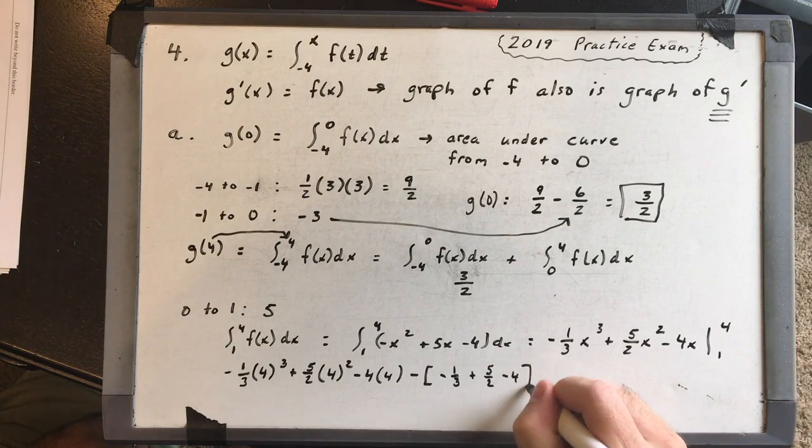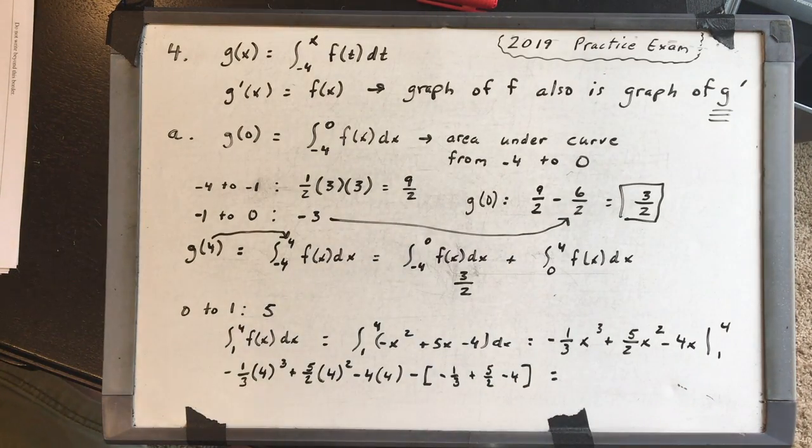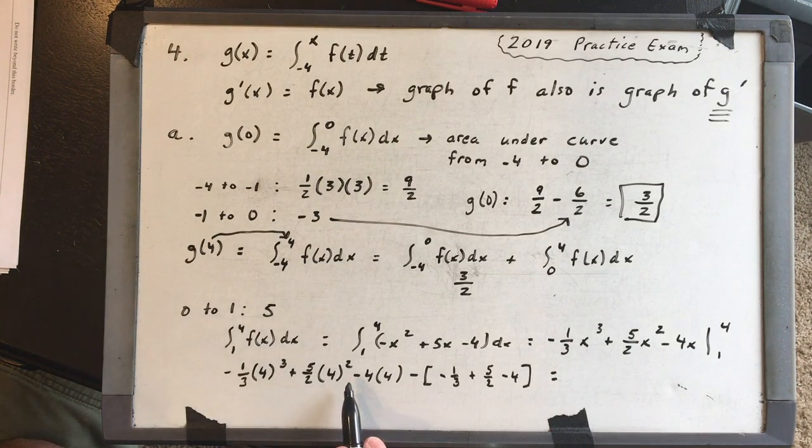Now you get to have a calculator on this, so you're not going to have to spend a ton of time like they would have in prior years with no calculator trying to figure out what that is.